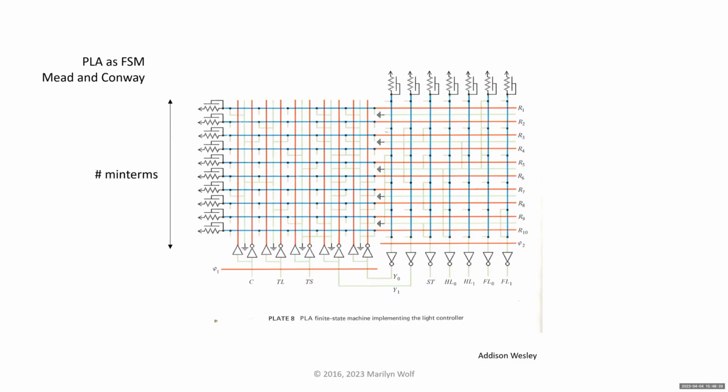Based on the logic function we want to build, we know the number of min terms, that is the number of product terms in the Boolean functions. We know the number of inputs, and we know the number of outputs. So we can build this array and then use the particular logic functions in order to put in those programming tabs.